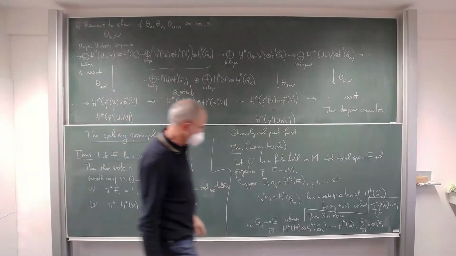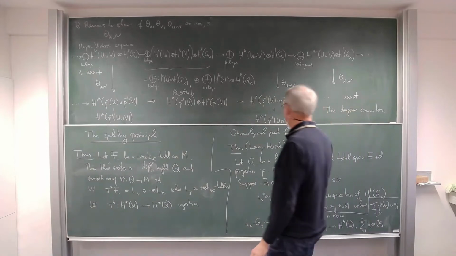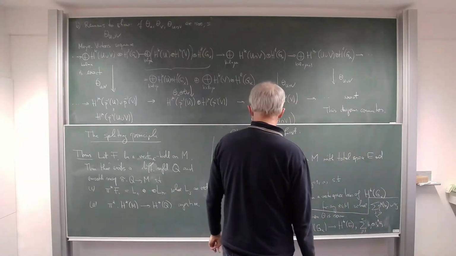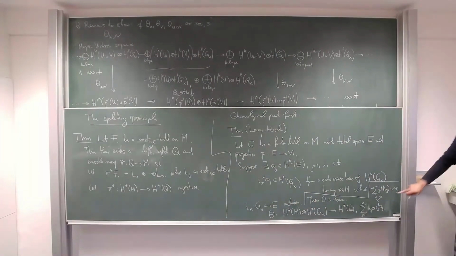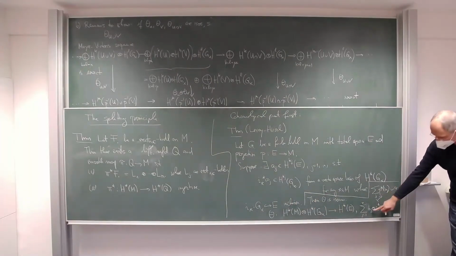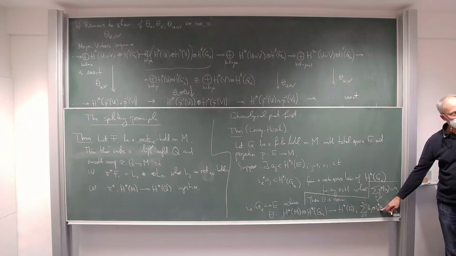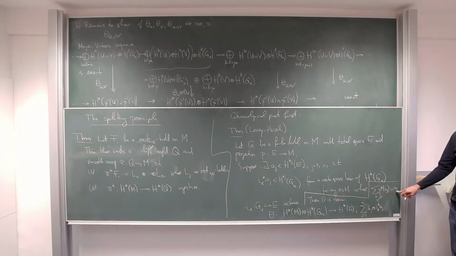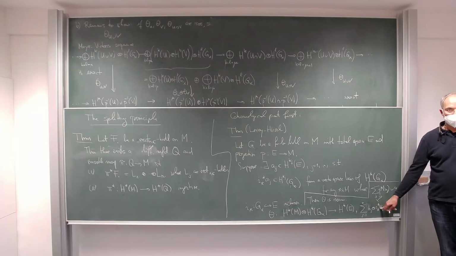So you pull back the first factor to the total space, that's what you do. And the second factor is in a way extended. You undo this restriction map, which you can do because this restriction map was a homotopy equivalence.